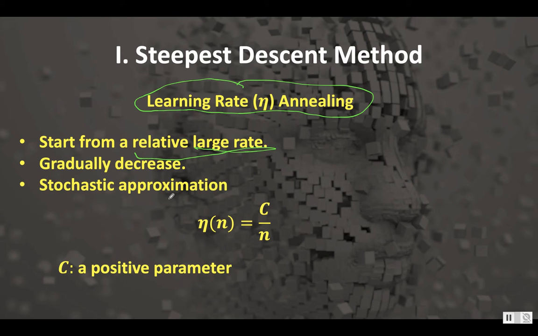Stochastically, it can be approximated as eta n equal to c over n. Here c is a positive parameter and n is the iteration.